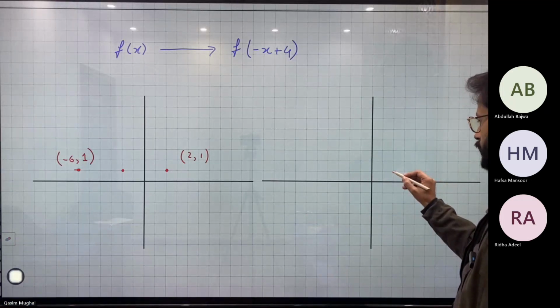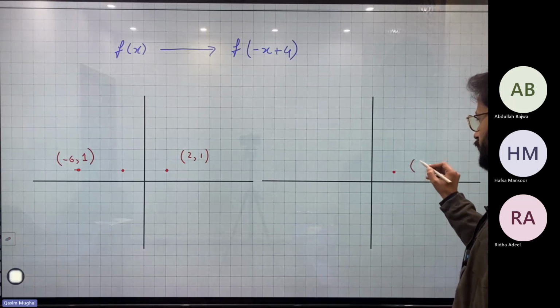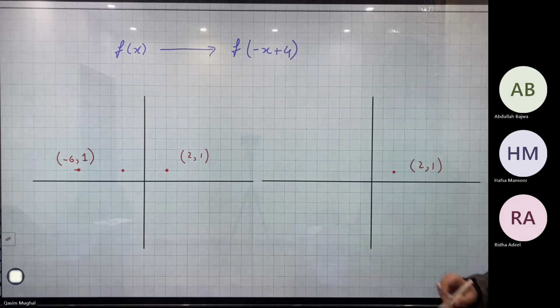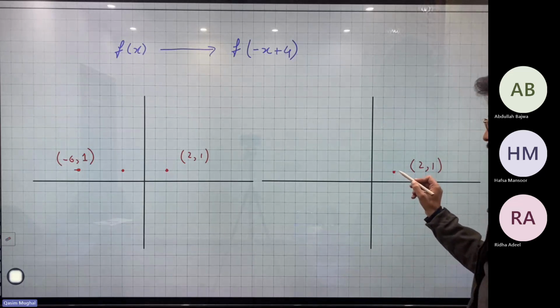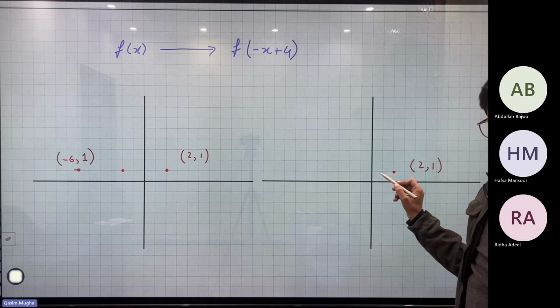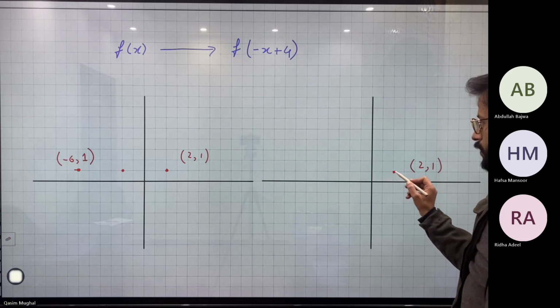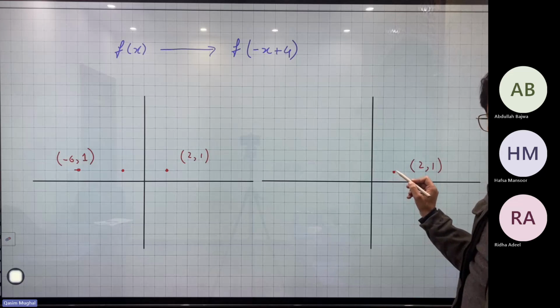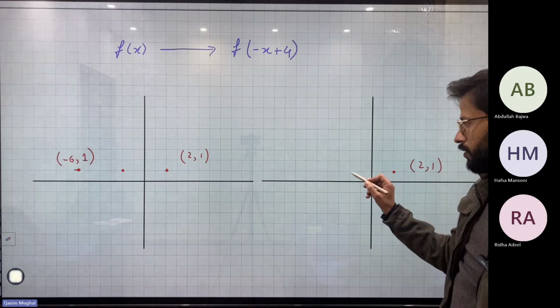Same point, whose coordinates are 2, 1. So first of all, we are going to translate it by 4 units to the left. 1, 2, 3, 4.